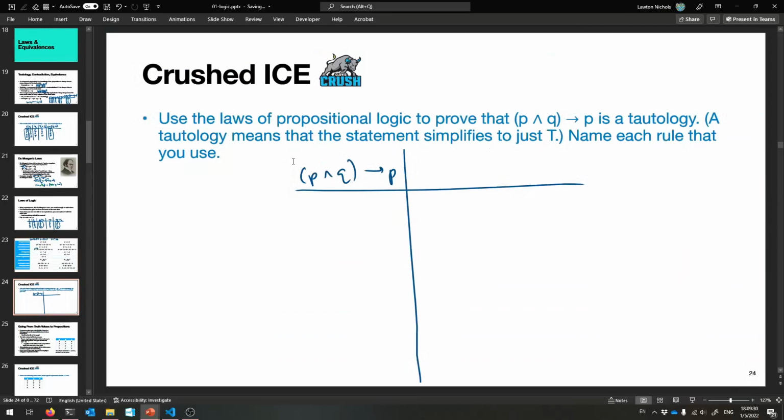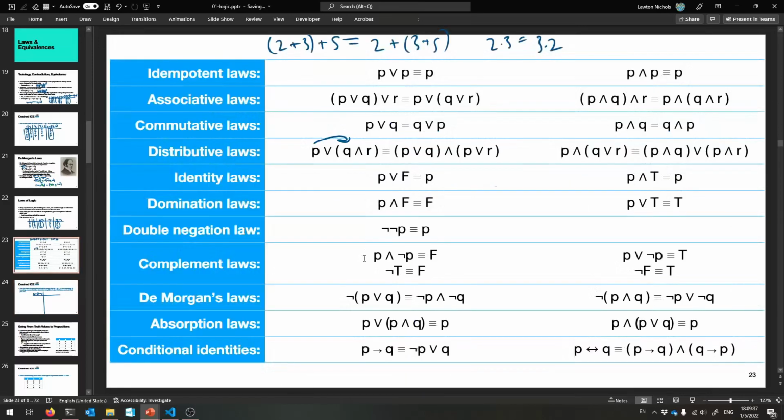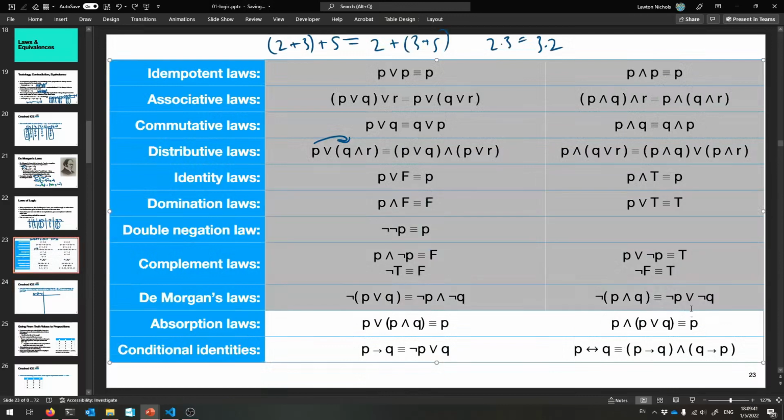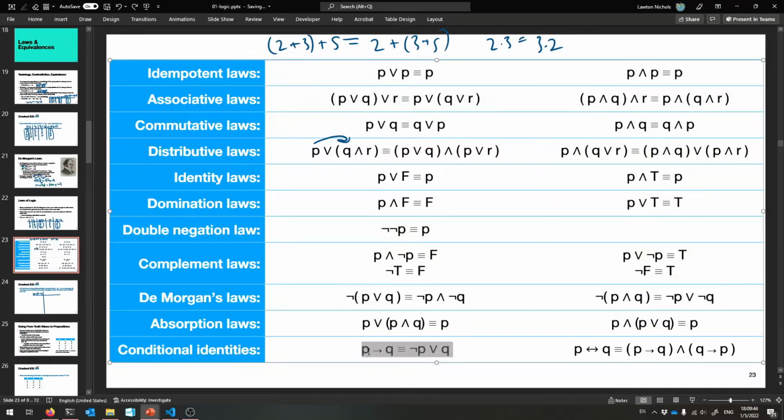So, if you start with this, we need to get down to just true, which usually means we need to get rid of implication, because none of these laws have implication anywhere. So let's get rid of it by using the conditional identity.